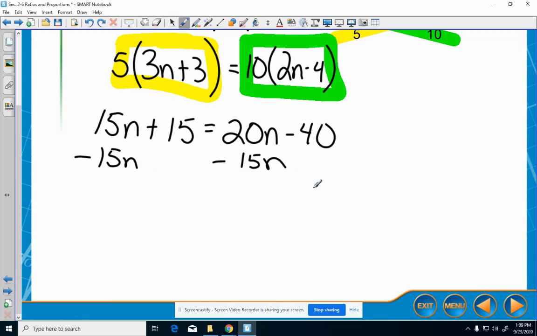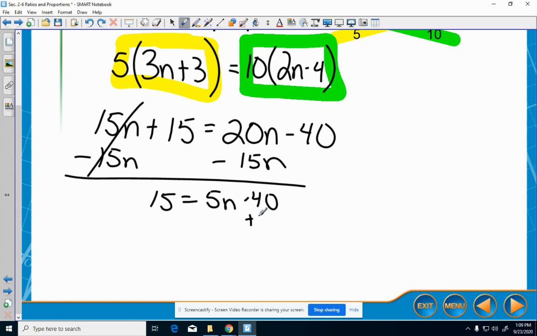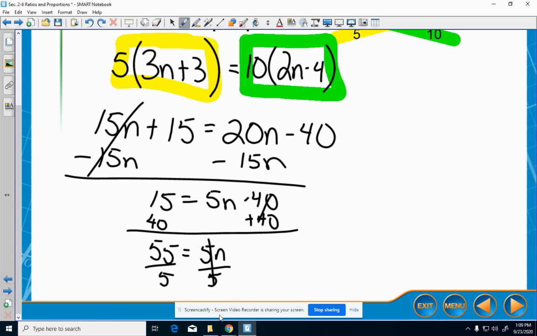I'm going to minus the 15n, so that's the one that cancels. 15 is equal to 5n minus 40. And I'm going to add 40. And I'm going to get 55 is equal to 5n. And when I divide by 5, there's my double-digit number with a repeated value. I get 11. Right?